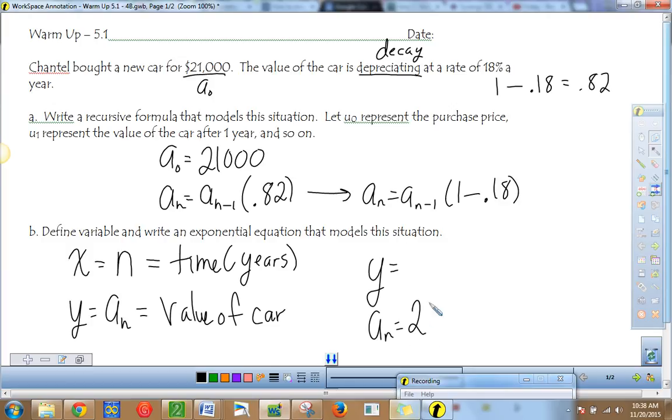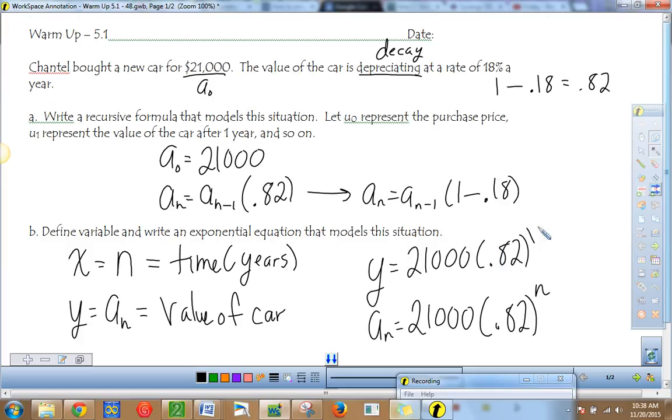The a sub 0, good. 20,000 times 0.82 to the 1 year. Because it's an equation, right? Yeah. So this is the exact same thing as this. It's just different variables.